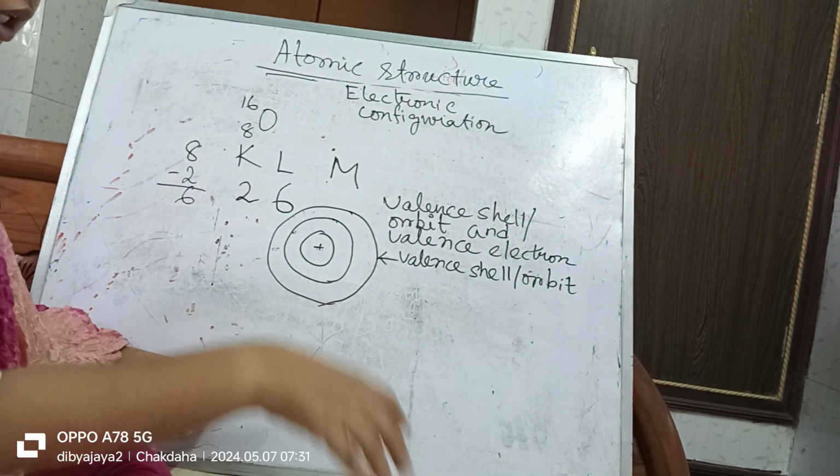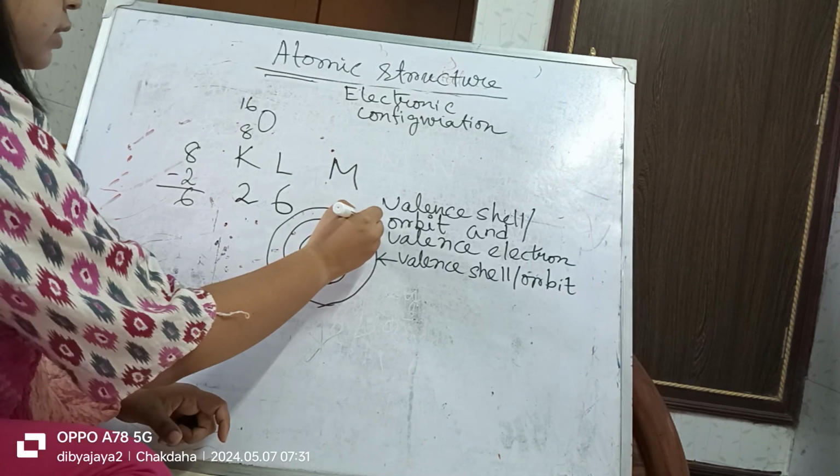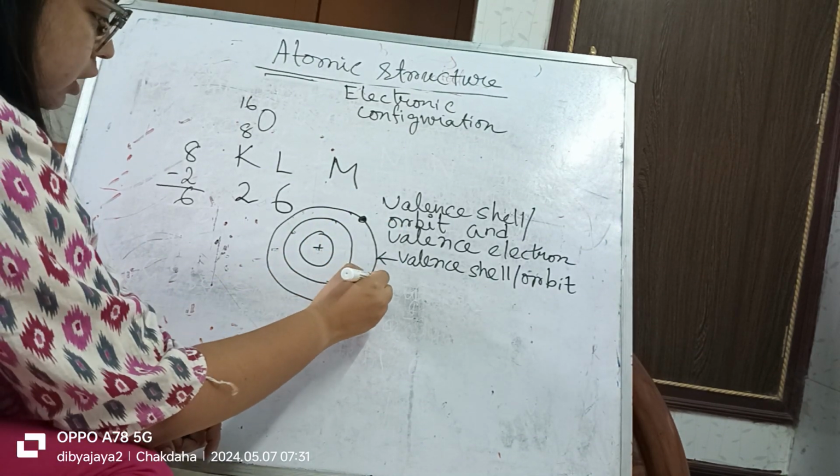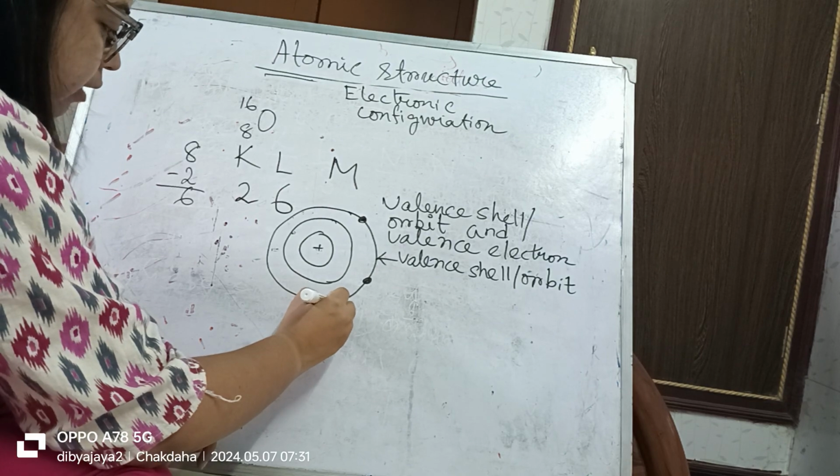And which electrons are present in this valence shell?